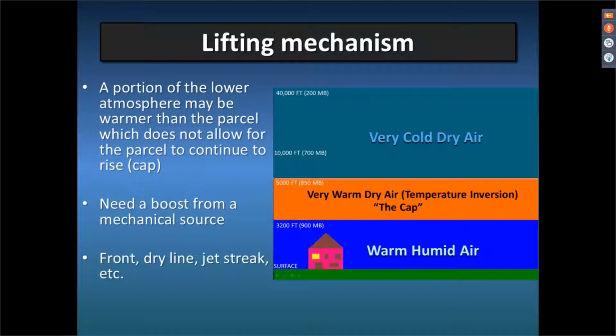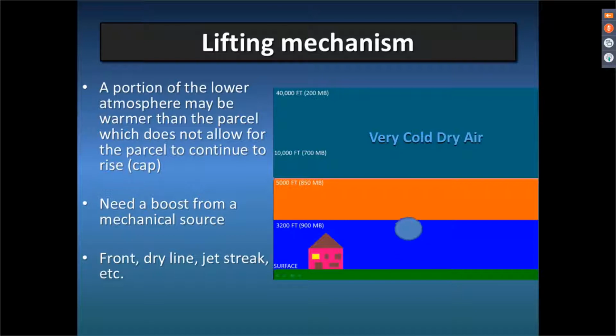You either need a front or the heating of the day or some sort of upper level jet streak or something like that to be able to lift the air through the atmosphere. And for instance, the animation that's going to show on your page, this is what happens when an upper level disturbance, or what we call jet streams or jet streaks, move across an area.